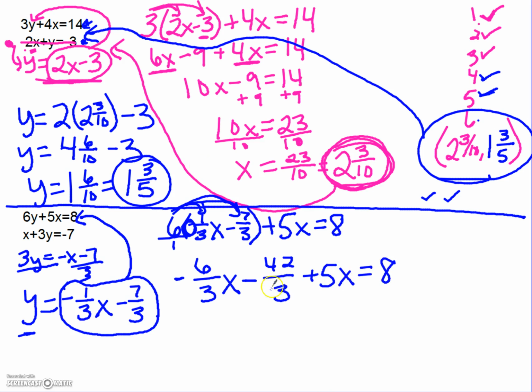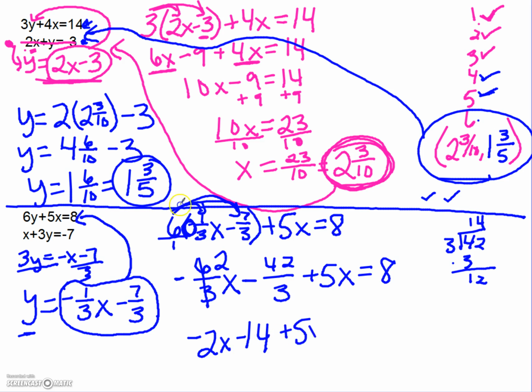Now before we go any further, let's simplify these out. Okay, so 6/3 is actually 2. 42/3, if we work it out, is 14. Okay, so we have negative 2x minus 14 plus 5x equals 8. Okay, so if we combine these, we get 3x.